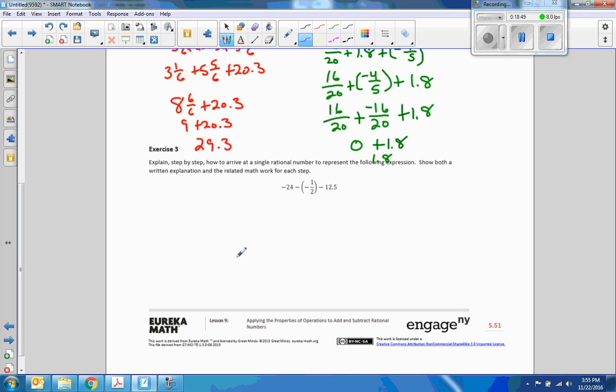Okay. Explain step by step how to arrive at a single rational number to represent the following expression. Show both written explanation and the related math work for each step. We've been doing that up until these examples here. Now we're going to get back to it.